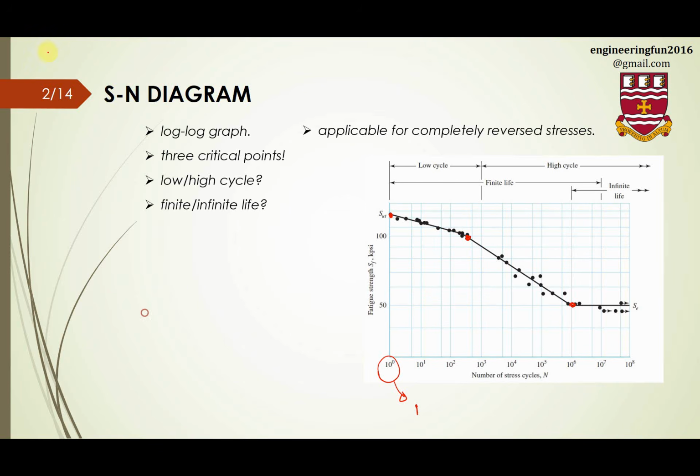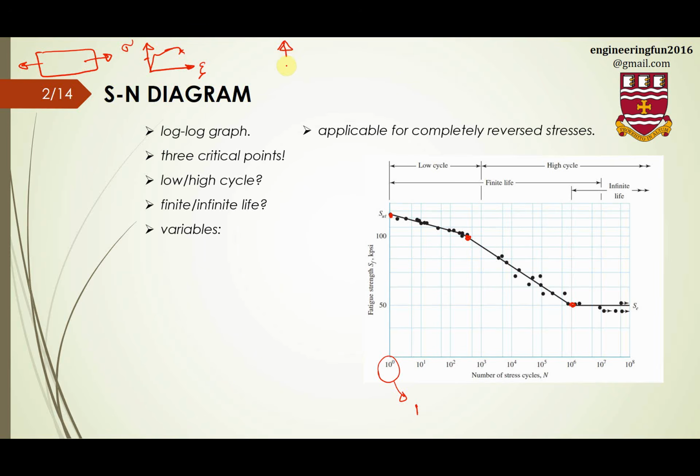For example, if I have a specimen like this and put it under axial loading, this is what we recall from solids. If I want to draw a stress-strain diagram of this one, if that's a ductile material, it will be something like that. We have sigma y, the yield strength, here, the ultimate strength sigma ut here, and the fracture strength here.